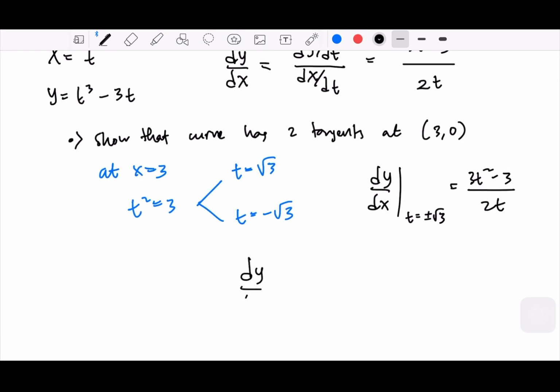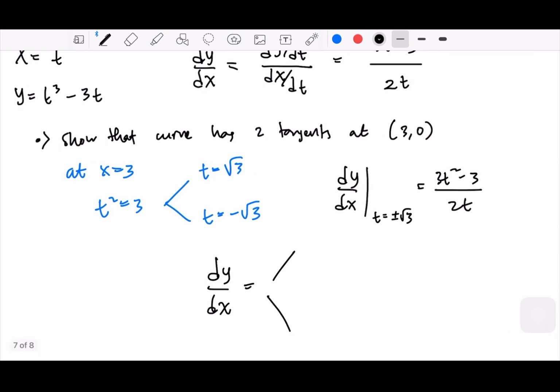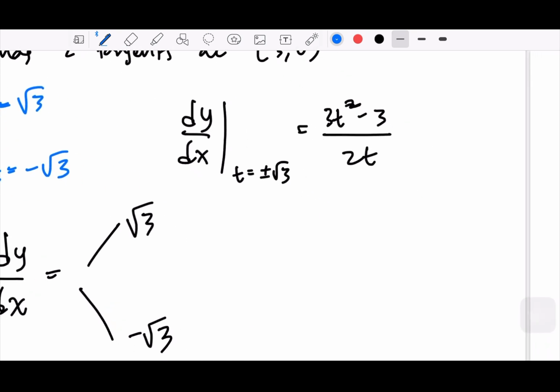So dy over dx, the first one is a positive one, and the second one is this, right? You can calculate here.